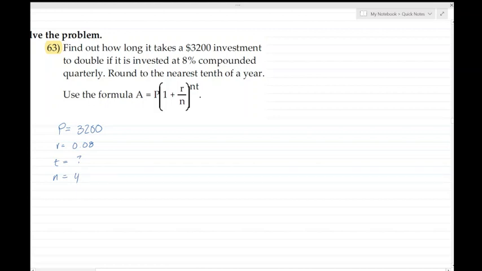But unlike the previous problems, we now know the value of A. The value of A is twice the initial amount, only because we're looking for how long it takes for it to double. So A is equal to 6,400.